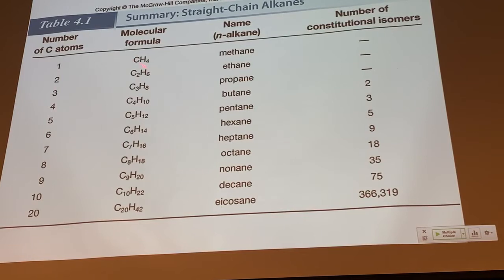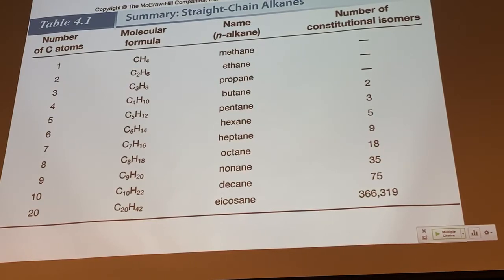So 1 through 10, we need to memorize the names for the straight chain alkanes from 1 through 10. Right, from 5 onward, it's based on the actual numbers themselves, right? Pentane, hexane, heptane, so they're pretty easy. And we don't need to go beyond 10, but we do need to memorize these names, okay?